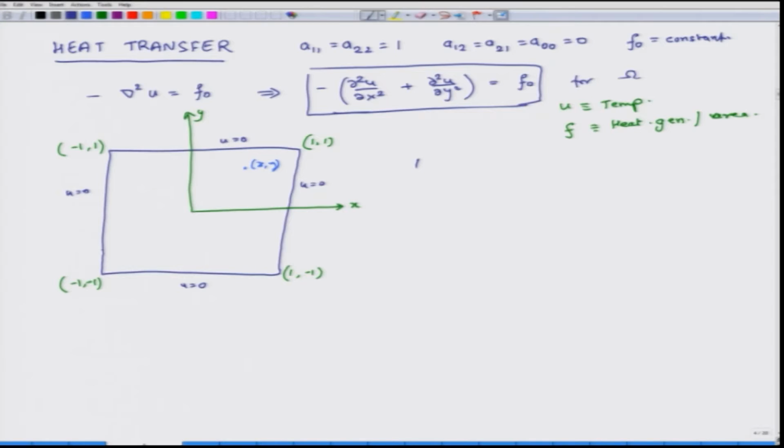So, our aim is to find u, or not temperature, u, at all points in the plate.